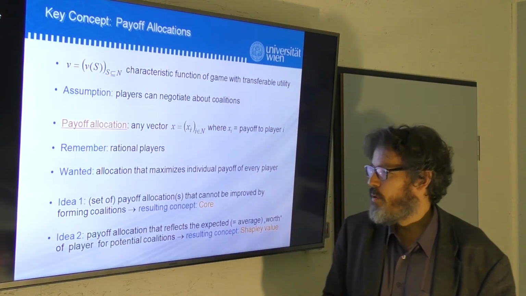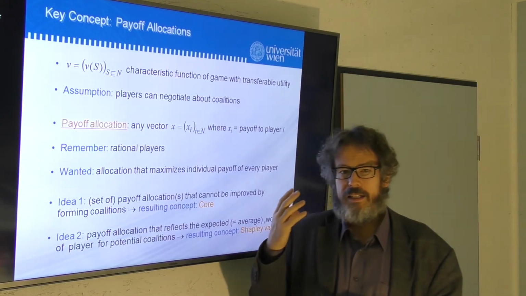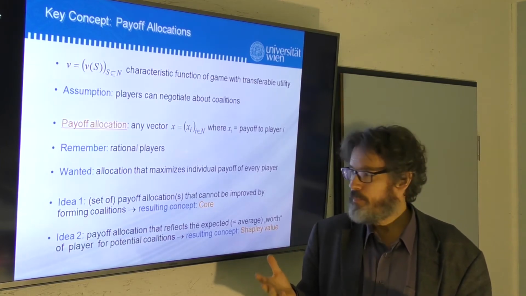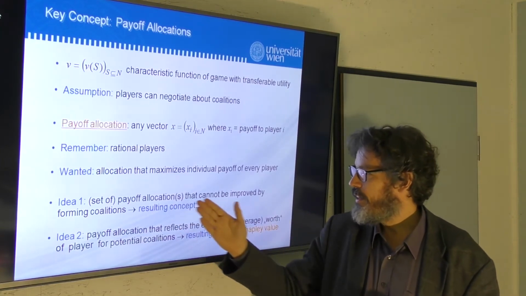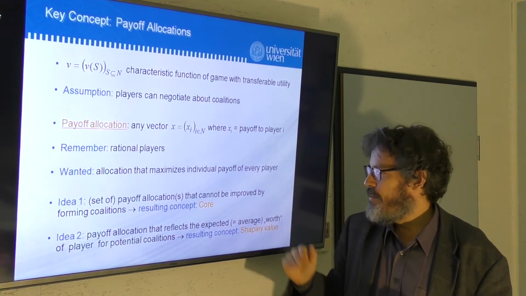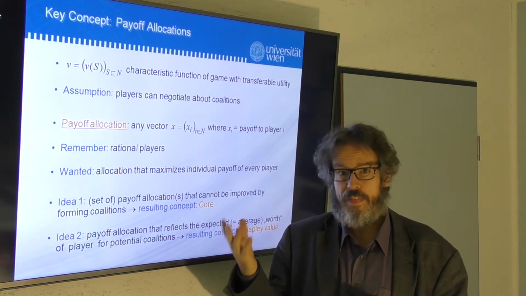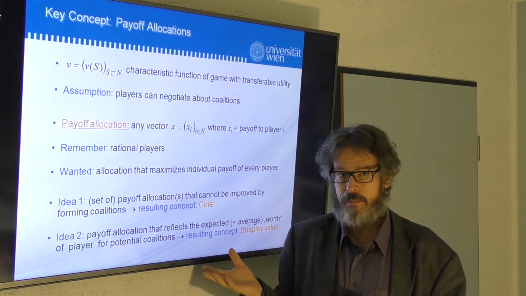The idea number one is to find out which allocations are good allocations in the sense that they cannot be improved by forming coalitions or by forming other coalitions than the existing ones.